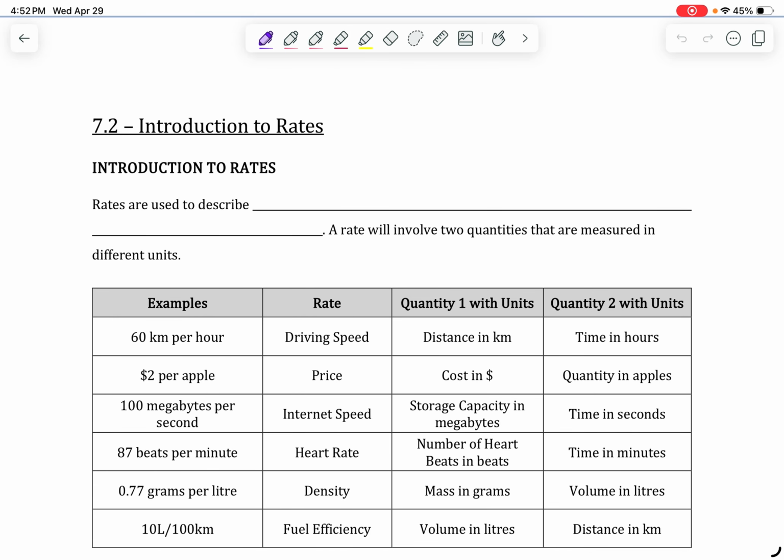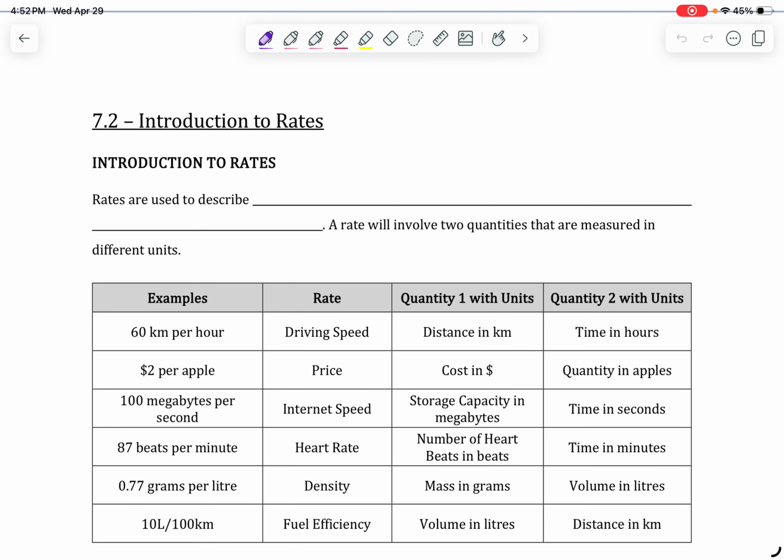Now, a rate is something that is used to describe how one quantity changes in relation to another.